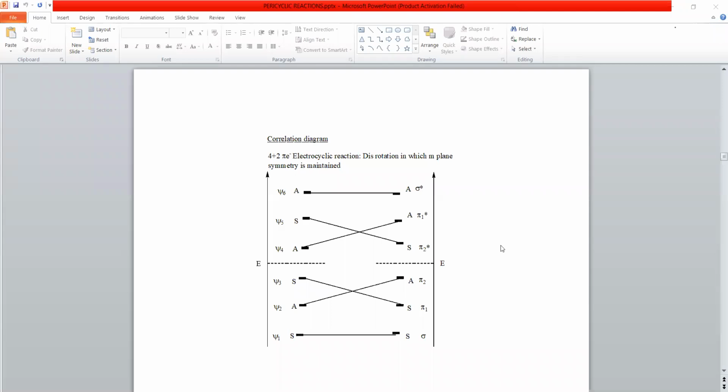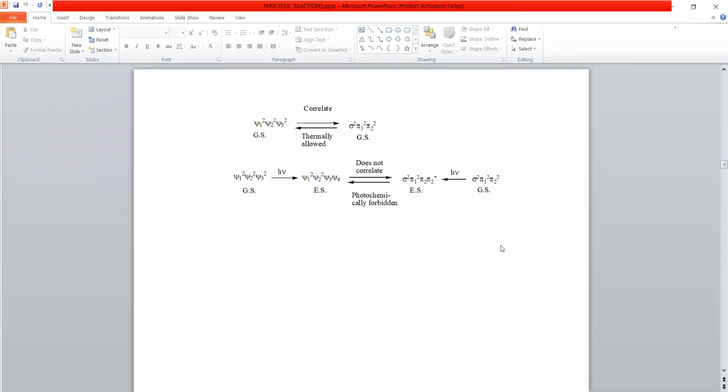Now, we take conrotation. Here you can see psi1 square, psi2 square, psi3 square correlate with sigma square, pi1 square, pi2 square. That means the ground state orbitals of the reactant correlate with ground state orbitals of the product. Therefore, the reaction is thermally allowed.